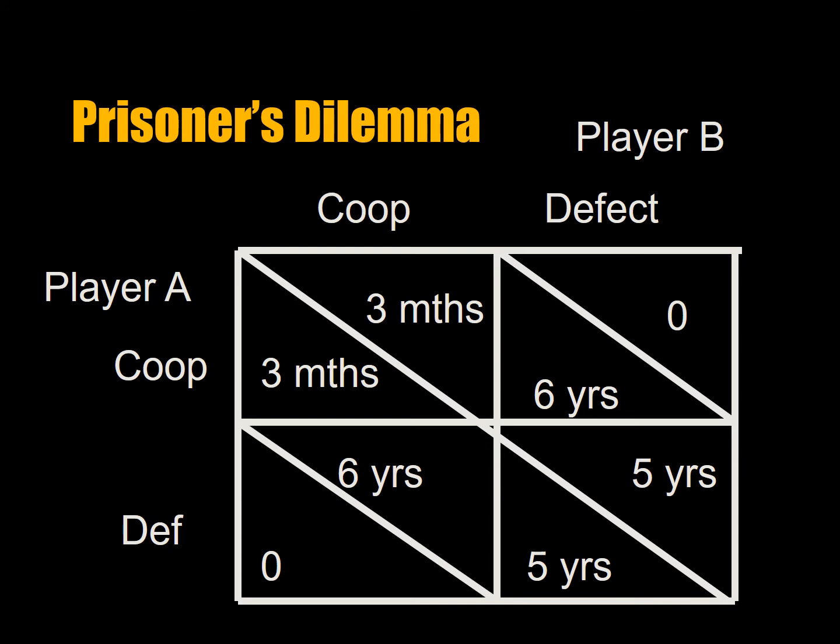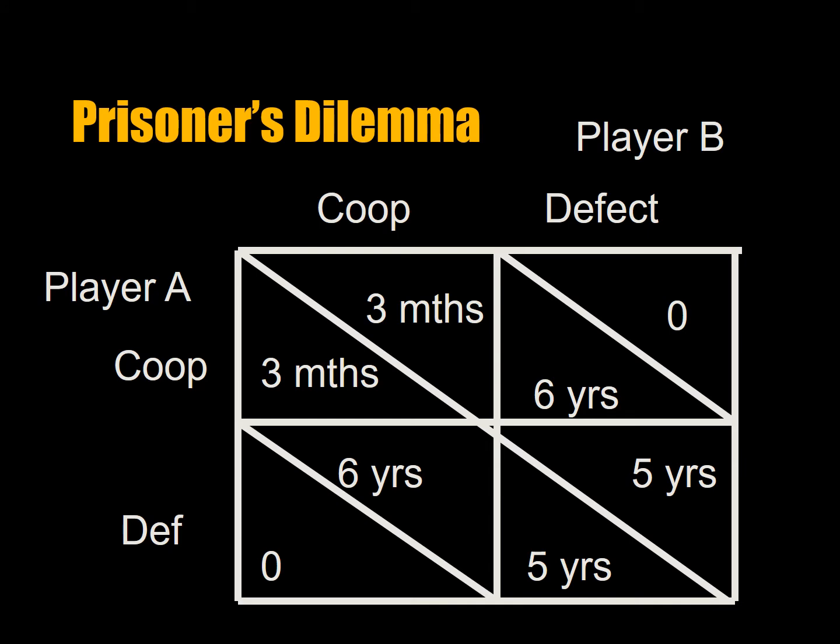You have, representing the two rows of cooperation and defection on the left, player A, and player B represents the choices of cooperation and defection in the two columns. What we want to do is focus on the payoffs, which are contained in each of the cells. I've conveniently put a diagonal line to show that the top right payoff applies to player B and the bottom left payoff applies to player A.